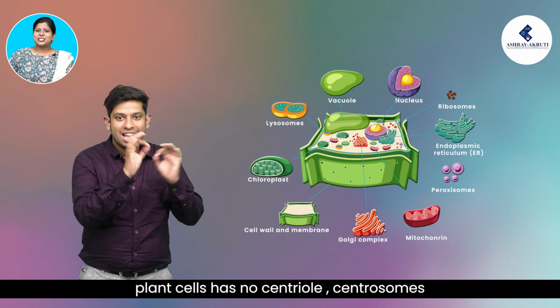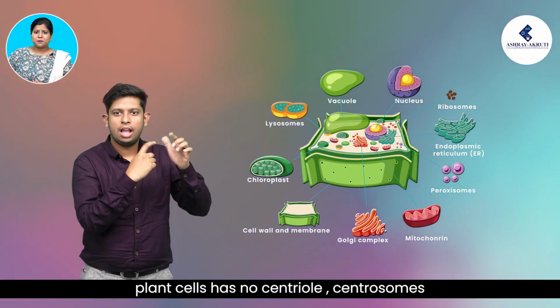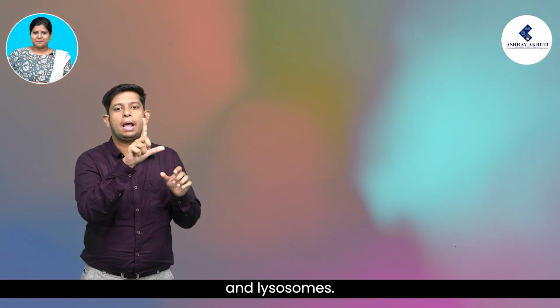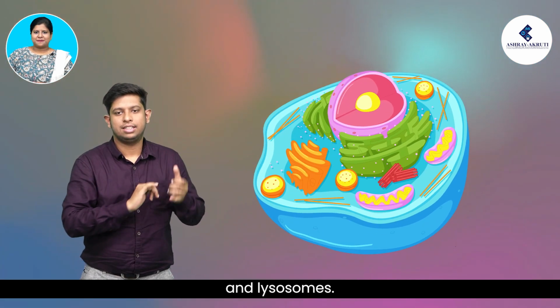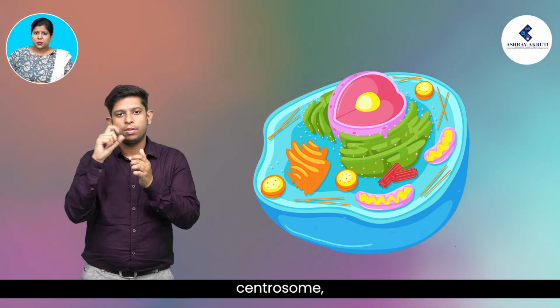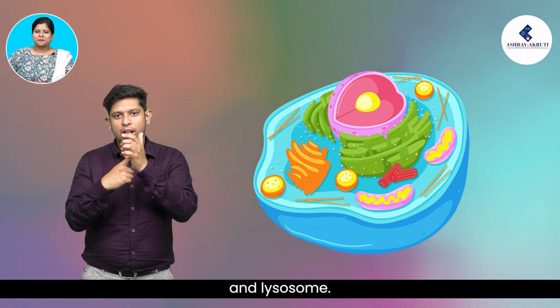Plant cells have no centrioles, centrosomes and lysosomes, whereas animal cells have centrioles, centrosomes and lysosomes.